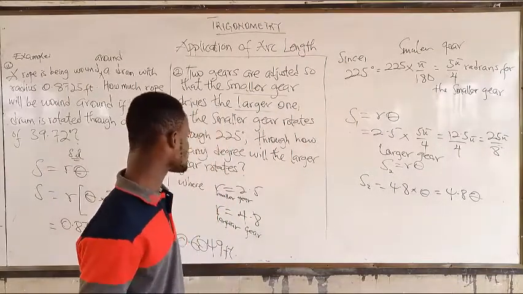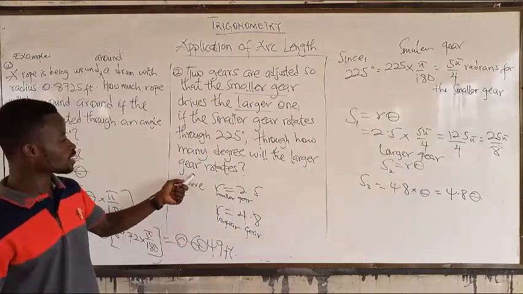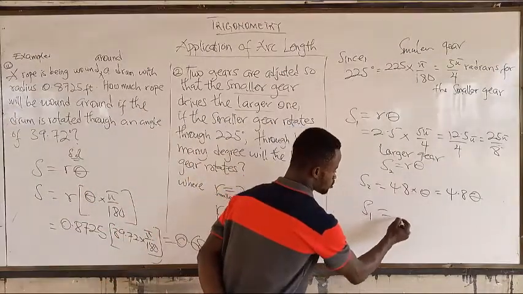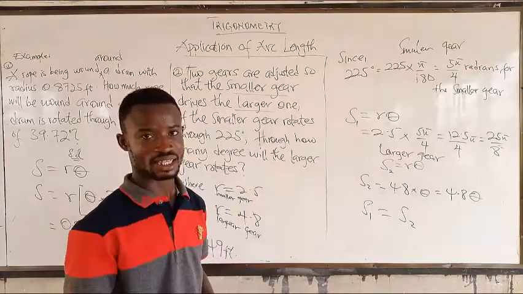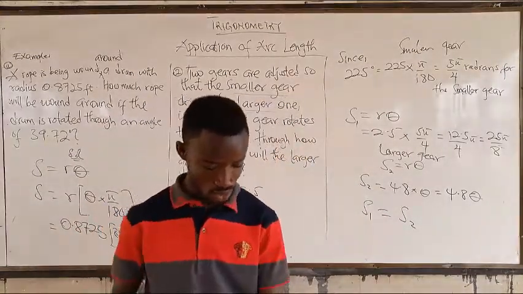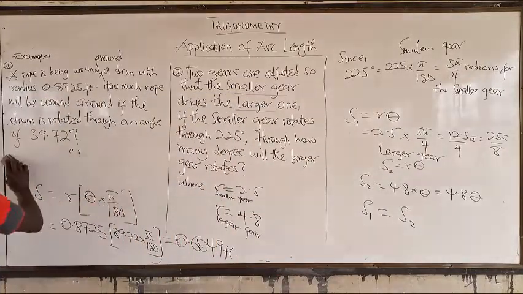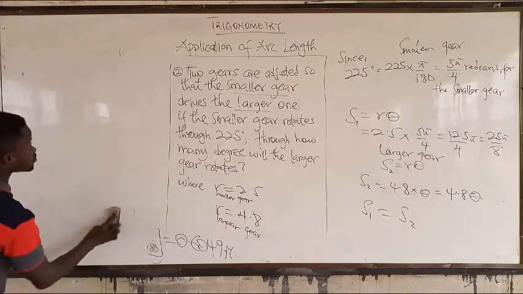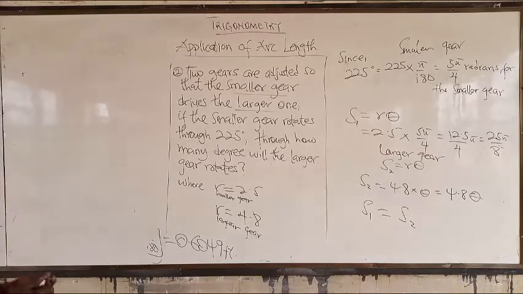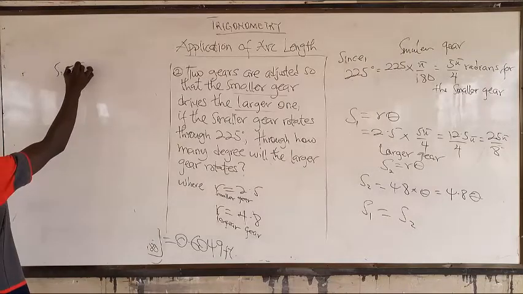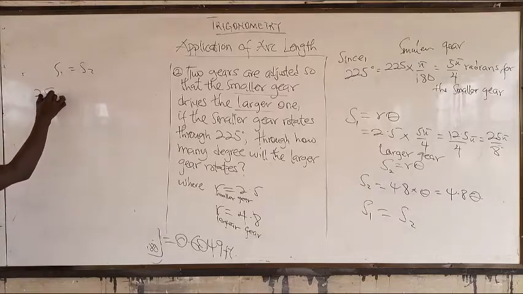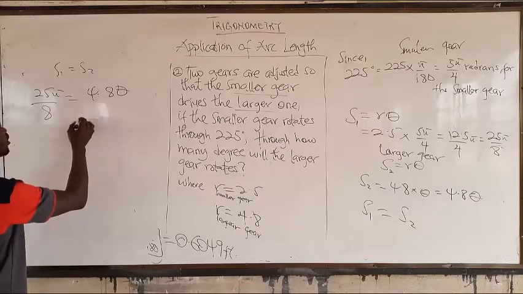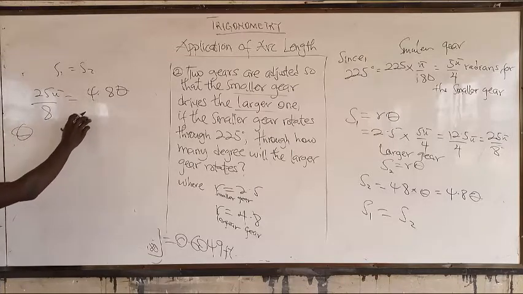So for us to get the angle for the larger gear, we need to equate S1 to S2. So let's go and find that. We know that S1 is equal to S2. This is 25 pi over 8, which is equal to 4.8 theta.